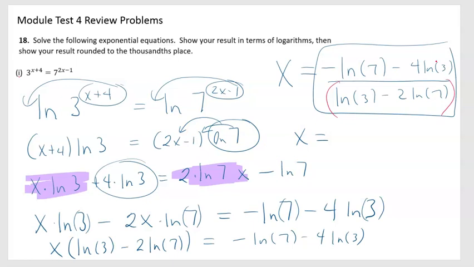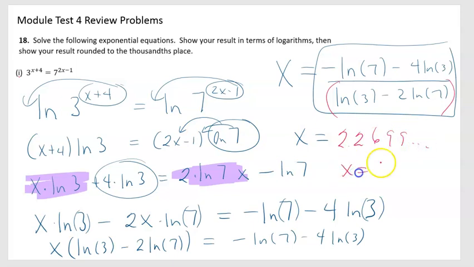So I have parenthesis, natural log of 3, close out the parenthesis, minus 2, natural log of 7, close out that parenthesis, and then I have the extra parenthesis that was in pink there. And that gives me a final result of 2.2699, and it keeps going.